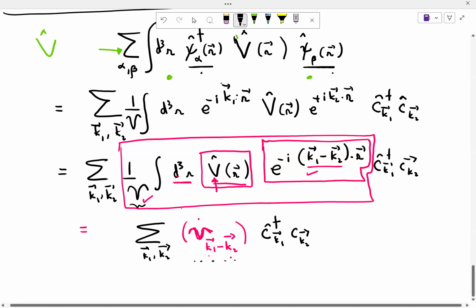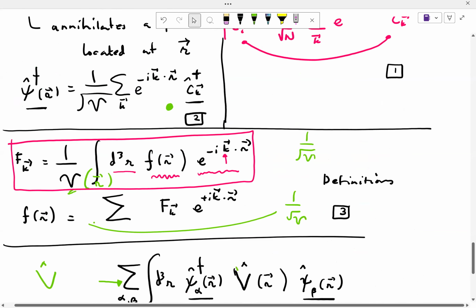So this is what the second quantization form of an operator written in the position space looks like. Okay? Yes, sir. I hope you do understand the notation. This is a Fourier coefficient evaluated at k1 minus k2.